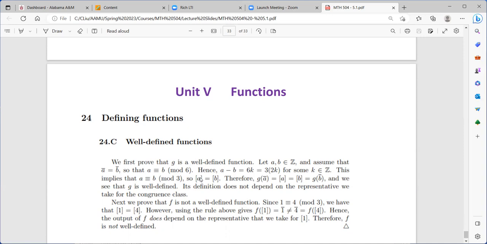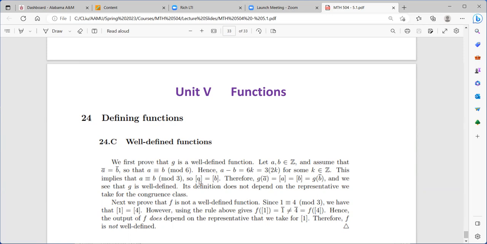That means class A equals class B, bracket A equals bracket B. Remember, bracket A means the congruence class of integer A modulo 3, and bracket B is the notation for the congruence class of B modulo 3. These are just two different notations for the same thing.